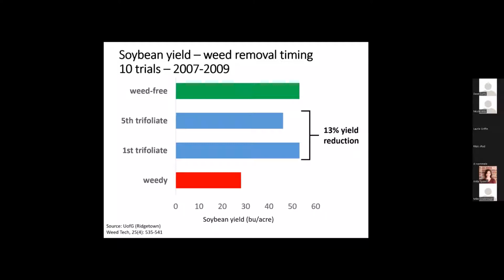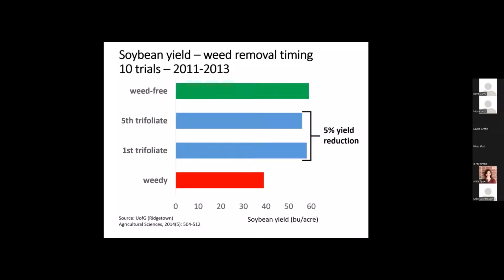Of course, just to throw a little bit more at you in terms of the variability, the most recent set of weed removal timing trials that were done in the early 2010s, again by Ridgetown, showed that in these particular sites, yield losses from weed competition were around maybe 40%, so not as detrimental, although clearly significant. And again, initiating weed removal at the beginning of the critical period gave us yields comparable to season-long weed control.